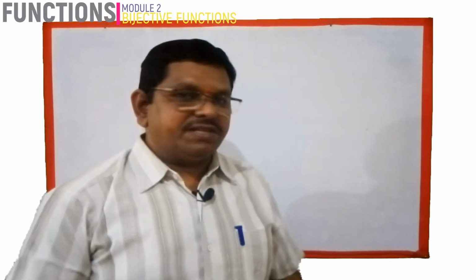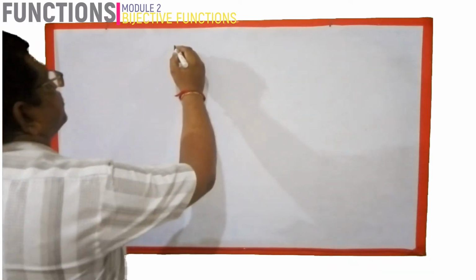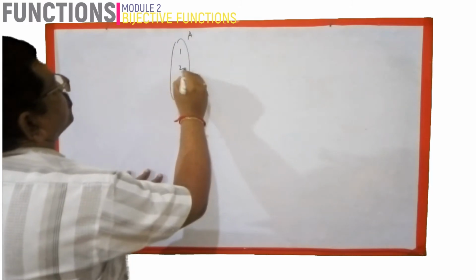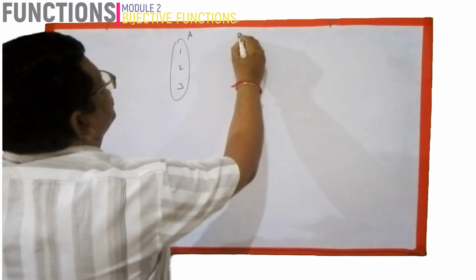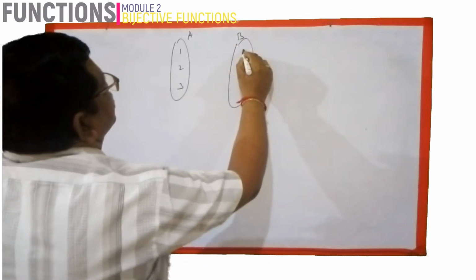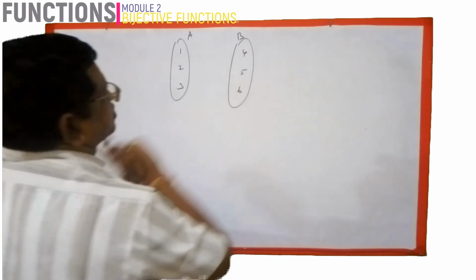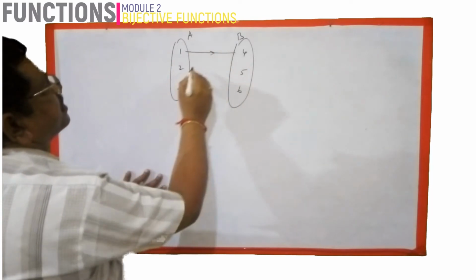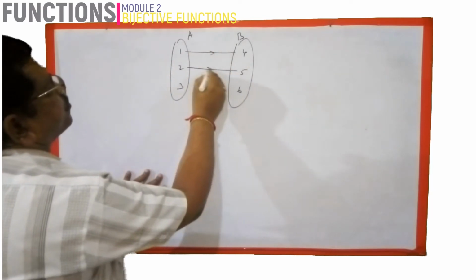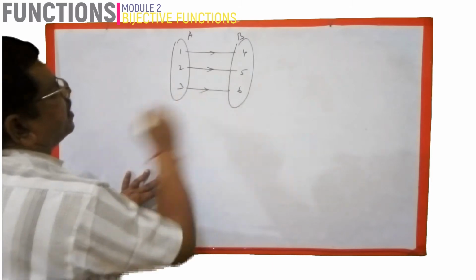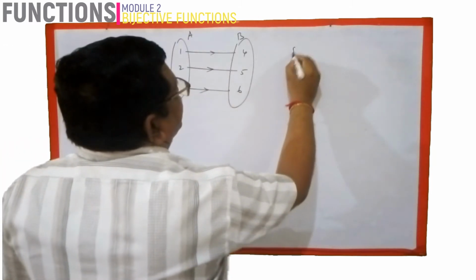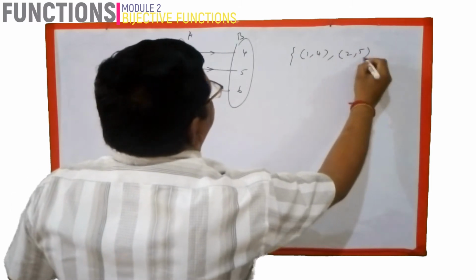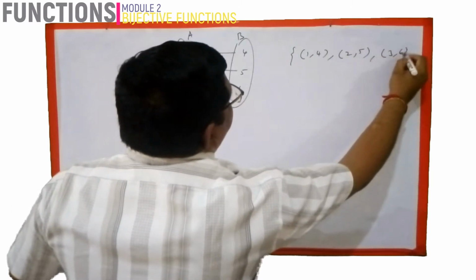Suppose we take one function with a domain A, elements 1, 2, 3, and set B with elements 4, 5, 6. Now we have the ordered pairs (1, 4), (2, 5) and (3, 6).